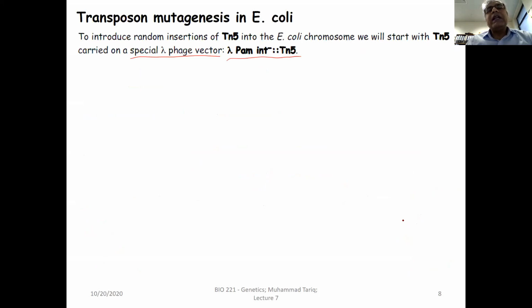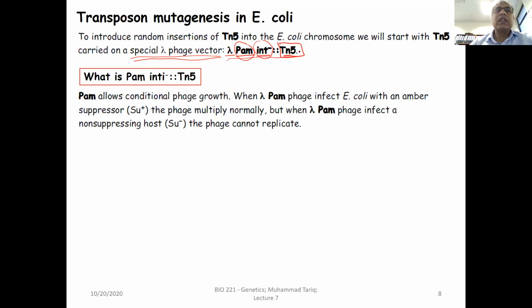So in order to deliver Tn5 into bacteria so that we can do some mutagenesis of the bacterial genome, we use a special phage vector, and the genotype is lambda phage, Pam, int minus, and Tn5. We need to understand what Pam is and what int minus is, because we already know Tn5 is a transposon which is going to give kanamycin resistance.